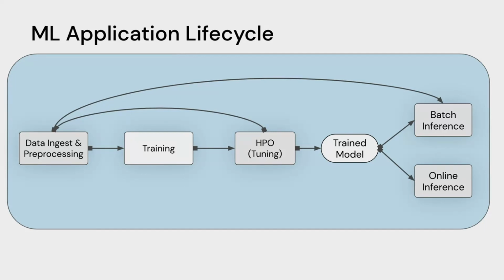First is offline or batch inference. You have your model somewhere and you want to run a job maybe on a regular basis, to run inference on some large data using this model. Another case is online inference, serving the model in the production environment and serving online inference pipelines in production.